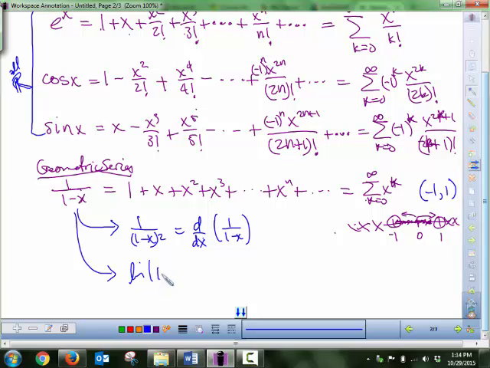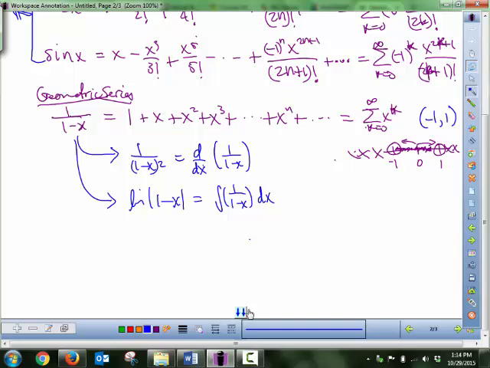ln of 1 minus x, you can get by taking the antiderivative. You should be able to derive from the geometric series other series that may or may not look familiar.